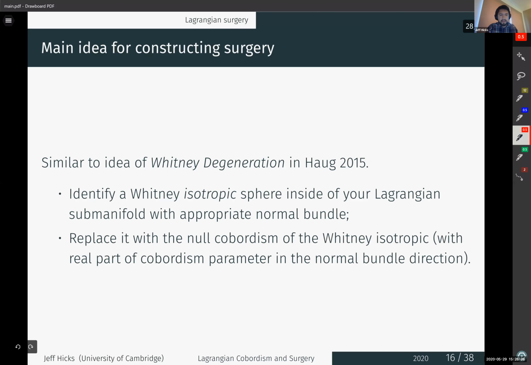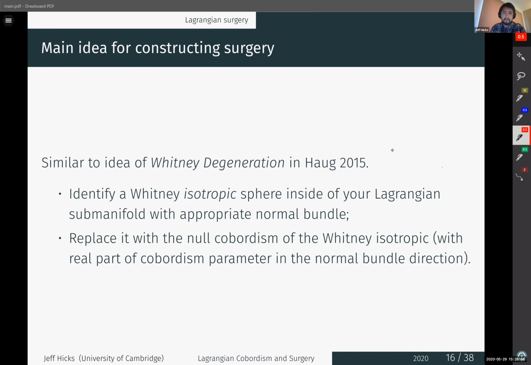Then we replace that Whitney isotropic with the null cobordism for the Whitney isotropic, where the cobordism parameter moves in the direction of the normal bundle. I think this is probably easiest done by pictures as opposed to writing it out in coordinates, at least at first.